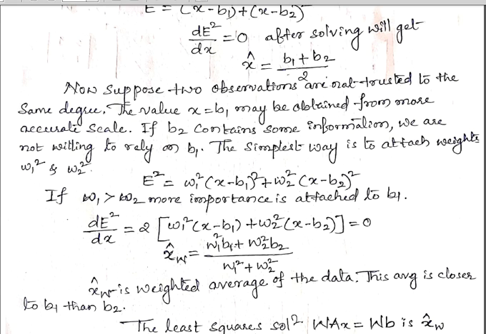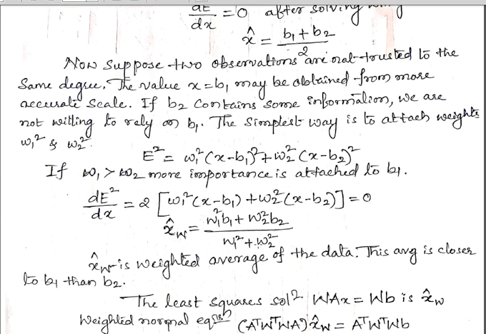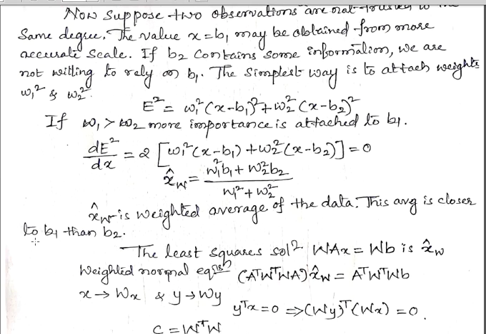So it is w1 square b1, the weights get attached, and in place of 2, it would be w1 square plus w2 square. And in this equation, if w1 and w2 are the same, then this is nothing but b1 plus b2 divided by 2. xw is the weighted average of the data, and this average is closer to b1 than b2.